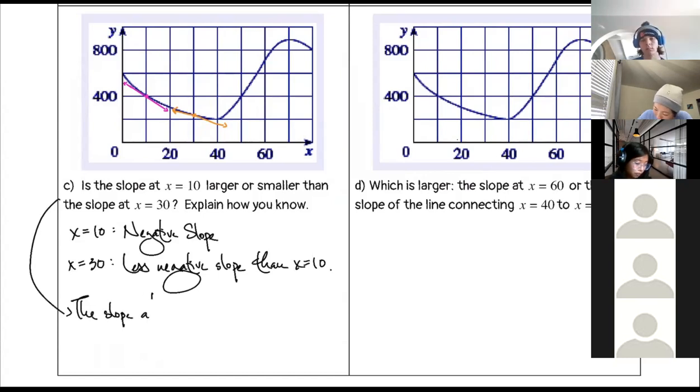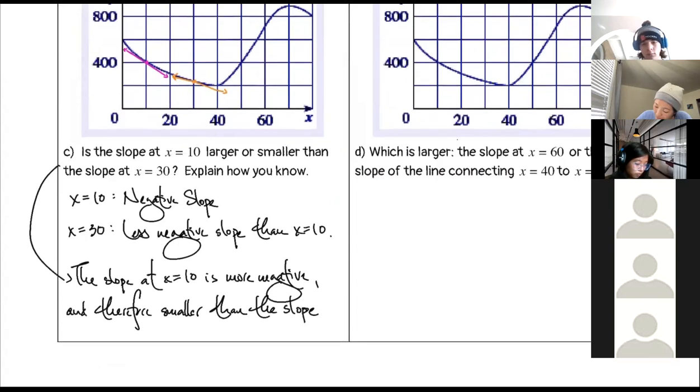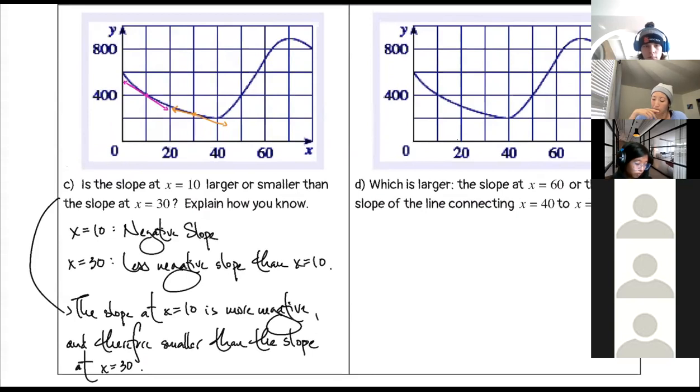The slope at x equals 10 is more negative and therefore smaller than the slope at x equals 30.